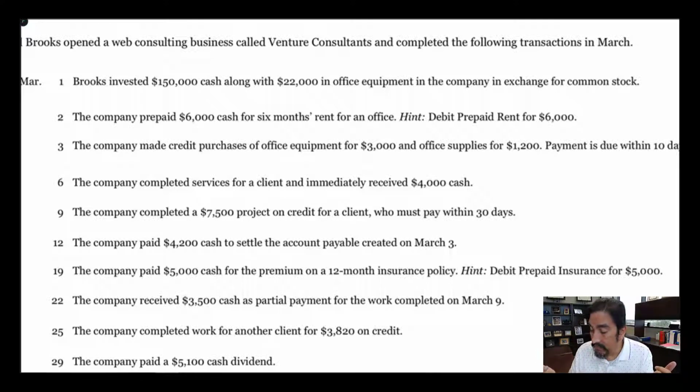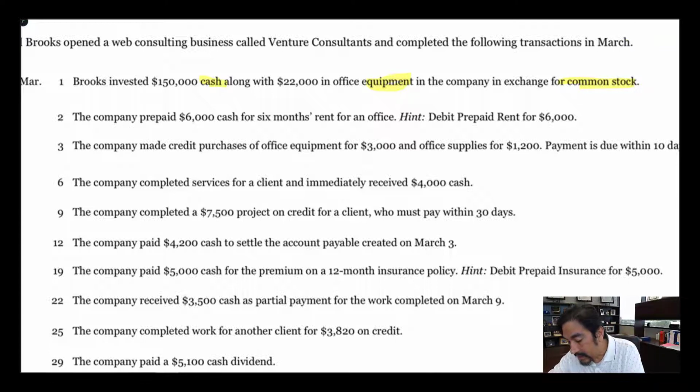So when we're looking for the duality, when we're looking for the accounts, there's actually three accounts here that we've got. We've got cash in, we've got equipment in, and we've got common stock issued. So those are our three accounts.